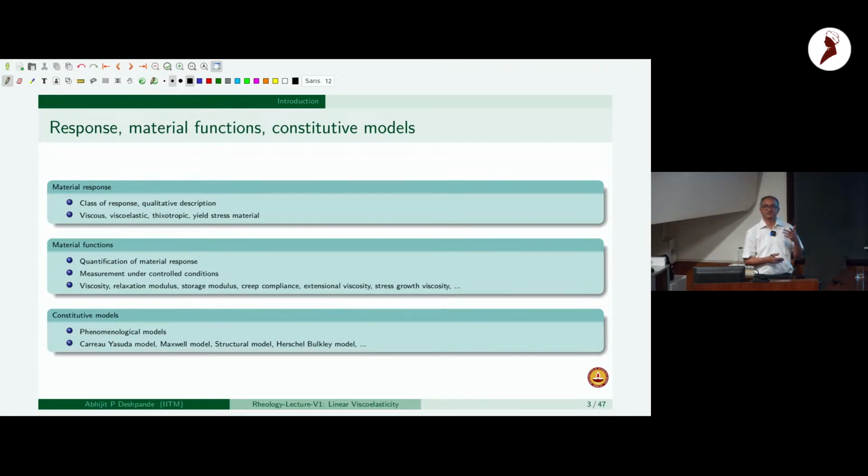We will have to look at the context and what we are after, and decide what class of response I am interested in. So for a polymer melt, I could choose to look at it as a viscous material if I am only interested in transporting it over a 1 kilometer pipeline, because it's largely going to be a steady flow, and even though its viscosity is not constant, I can still choose to ignore viscoelastic effects.